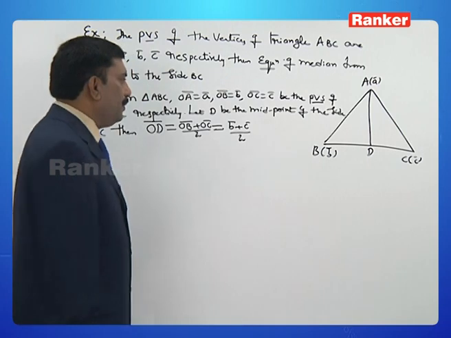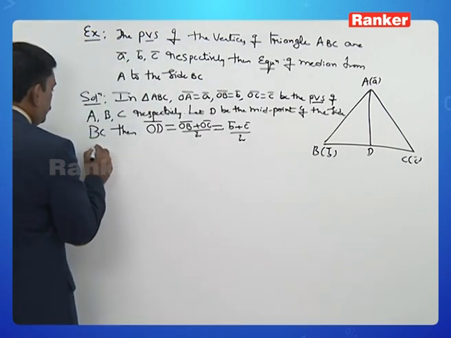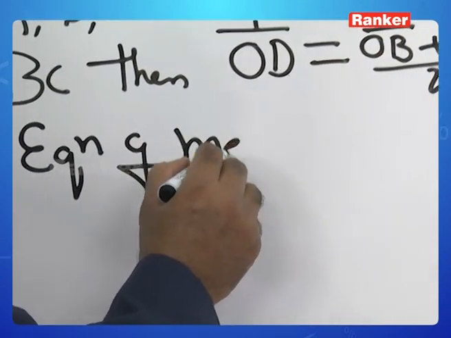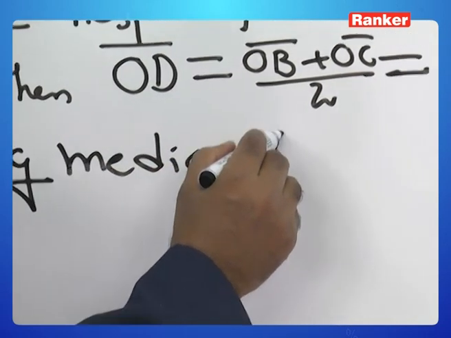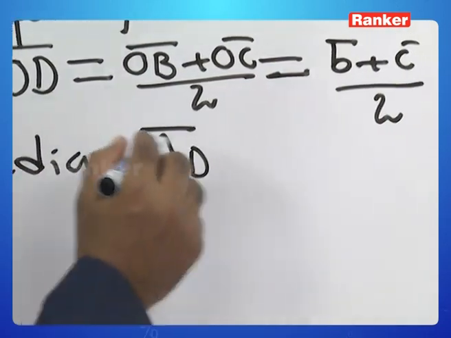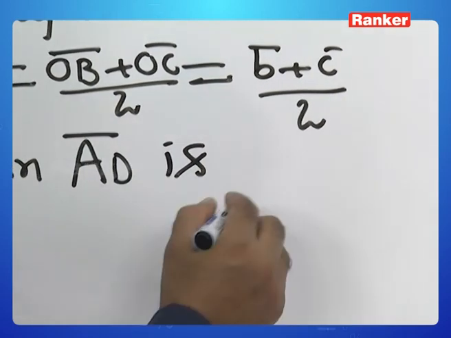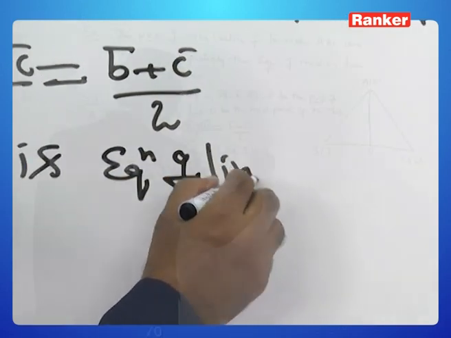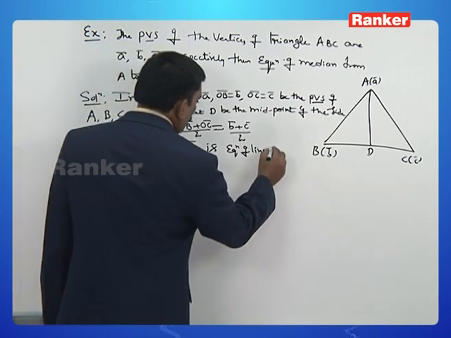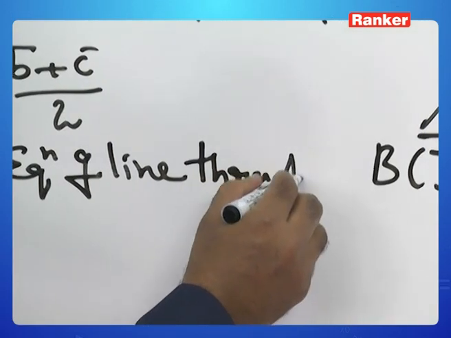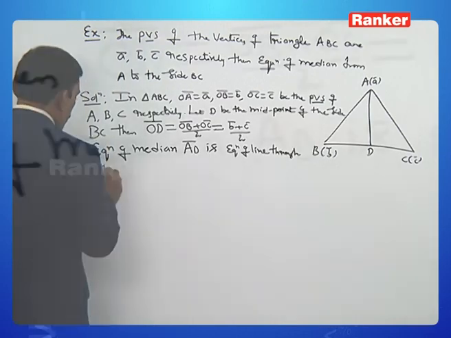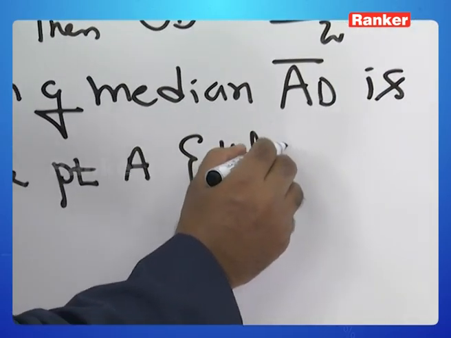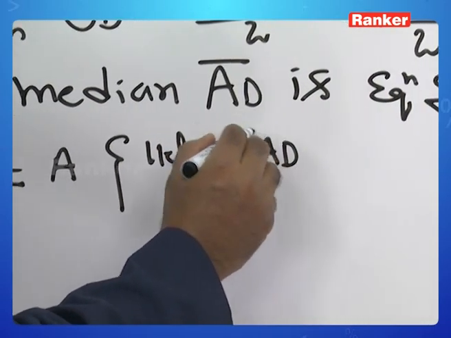So therefore, the equation of median AD bar is the equation of line through the point A and parallel to AD bar.